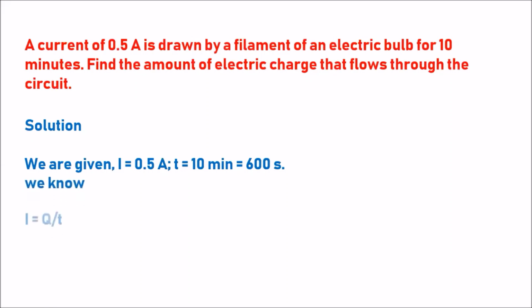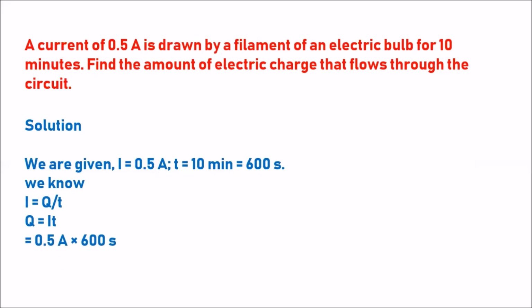We know the formula of current: I is equal to Q by T. So electric current is equal to charge by time. In the question, what is asked is to find the amount of electric charge. So we need to find Q. We have I, we have T, so find Q. If you observe the formula, T is dividing, if it goes to the other side, it will multiply with I, and it becomes Q is equal to I into T. Substitute I value 0.5 amp into T value 600 seconds.